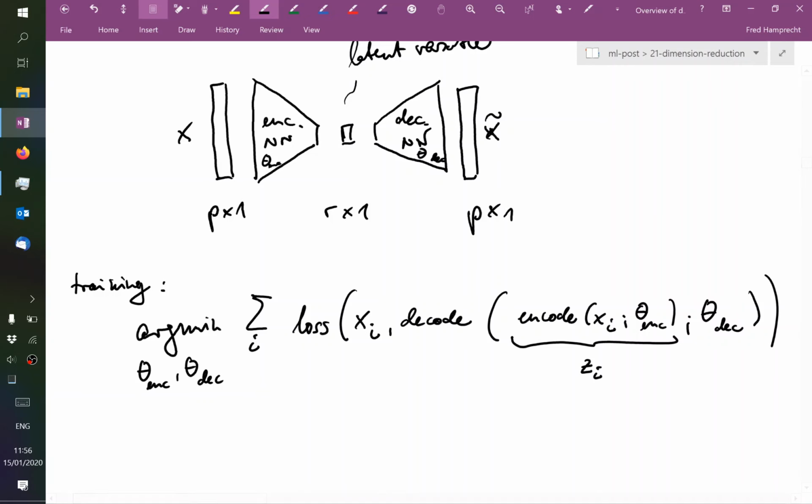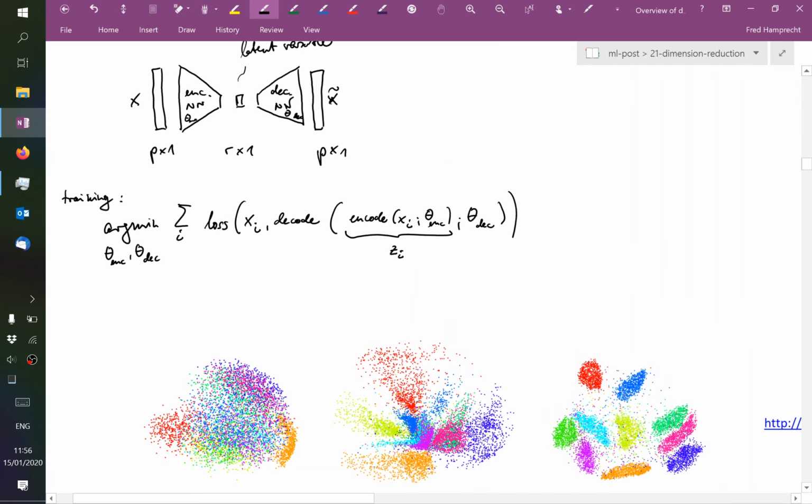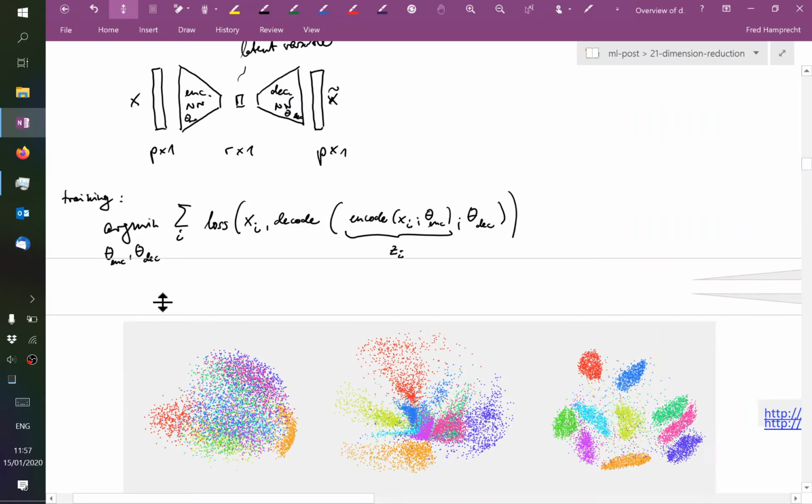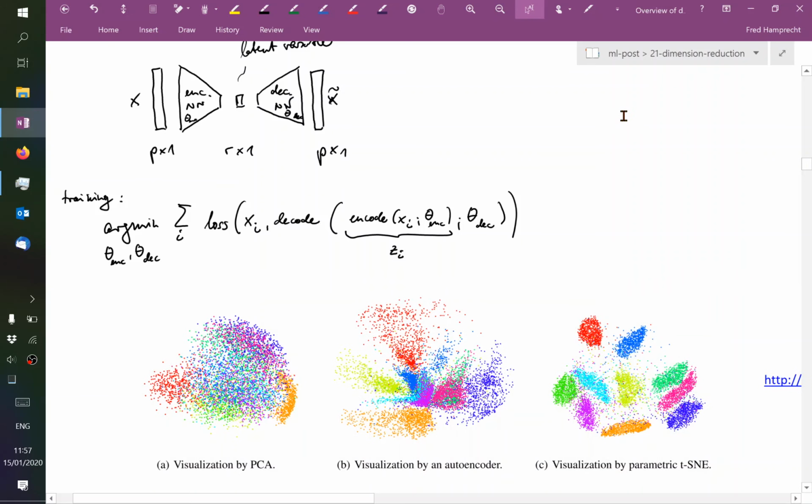And so what are the parameters that we have to choose? As always in networks, we have to choose the loss function, we have to choose the architecture, we have to choose our initialization scheme, and so on. So there are many choices, but we also have a very powerful nonlinear method. And I have to say I like it.